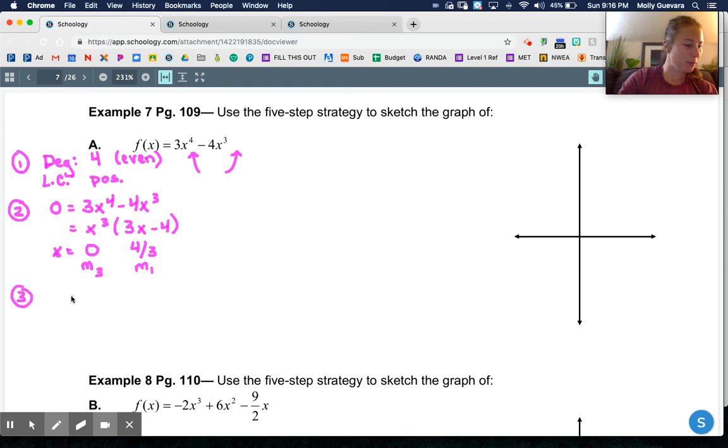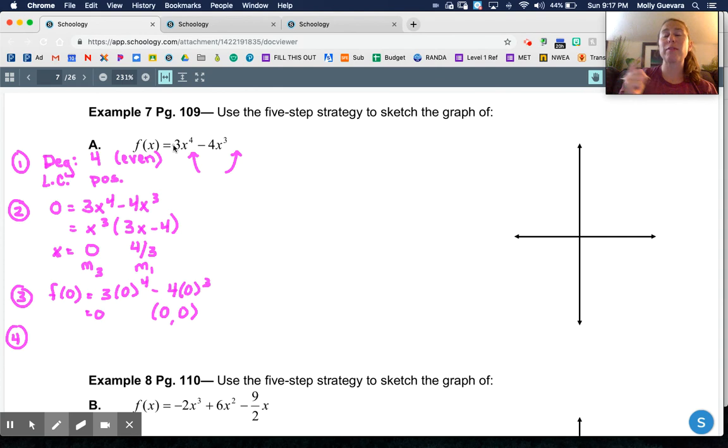Then the next step is to find the y-intercept. I'm going to plug in 0. So I have 3 times 0 to the 4th minus 4 times 0 cubed. I just get 0. So my y-intercept is at 0, 0. The fourth step is, is it even, odd, or neither?